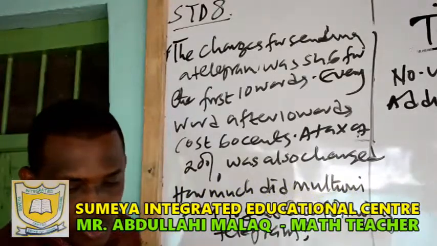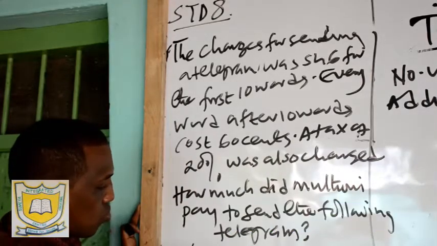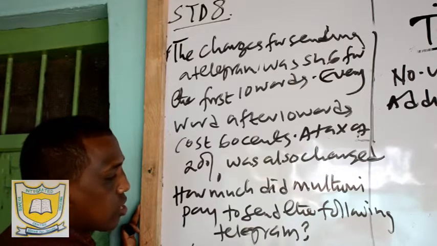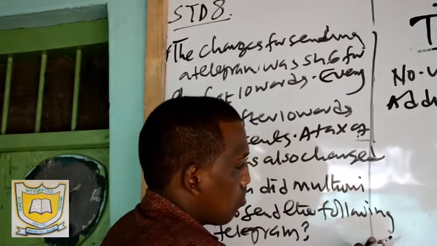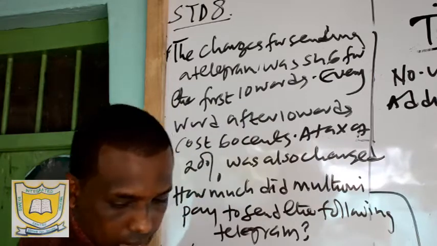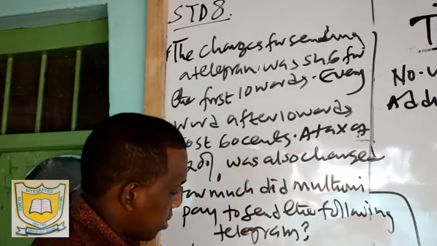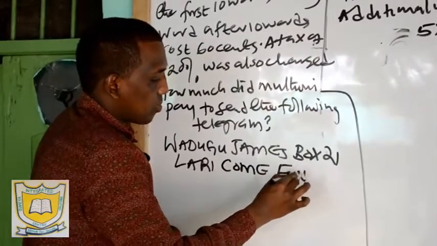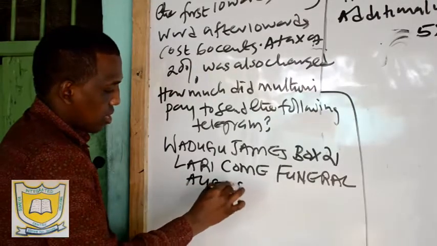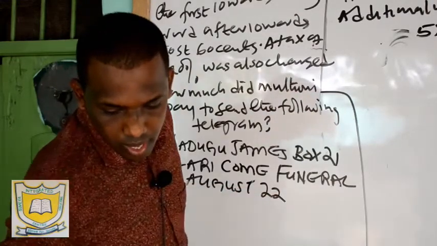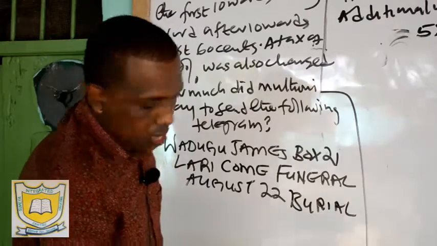So we write the telegram now: Wadugu James, box 21, Larry, come, Fenarol, August 20, burial, sister Mudoni.